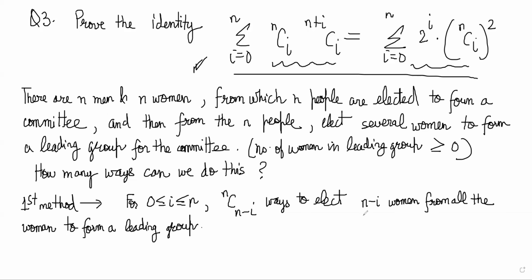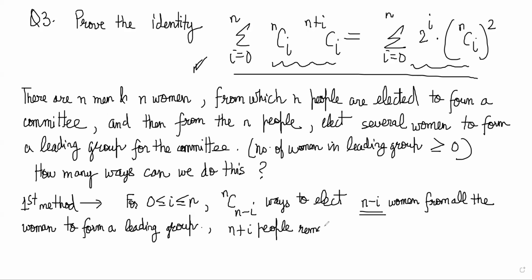So what we have done is we have selected n minus i women from all the n women, in nC(n minus i) ways, to form a leading group. So right now our leading group has n minus i women. And now the remaining, how many people are remaining? There are n plus i people remaining, which consists of n men and i women.